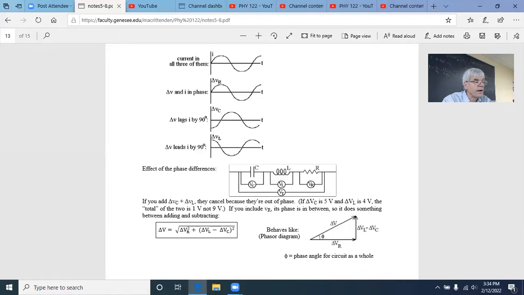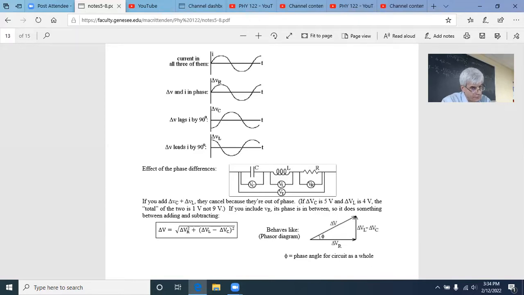The voltage in the capacitor goes up through zero a quarter of a cycle later, so the voltage is lagging. For the inductor, the voltage starts out at a peak, a quarter of a cycle later, the current hits a peak, and so voltage leads, current lags. Voltage peaked first, current peaked a quarter of a cycle after that.